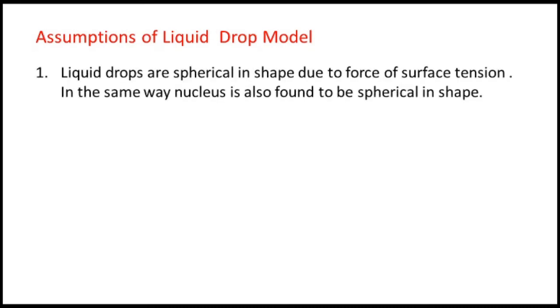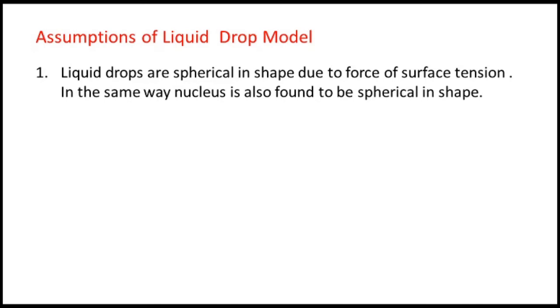Now, why was the nucleus assumed similar to the liquid drop? Certain similarities were found between a liquid drop and the nucleus. Let's see what were those similarities on the basis of which the nucleus was assumed to be similar to a liquid drop.